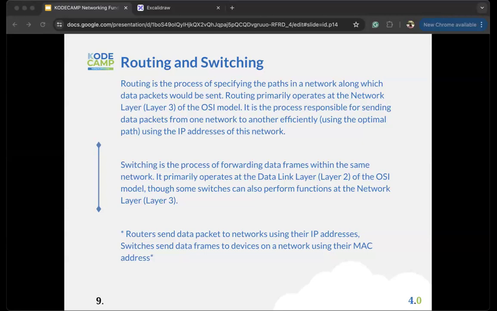It primarily operates at the data link layer of the OSI model and sends data from one resource, one host within a network, to another. Okay. So routing uses the IP addresses of networks, and switching uses the MAC addresses.